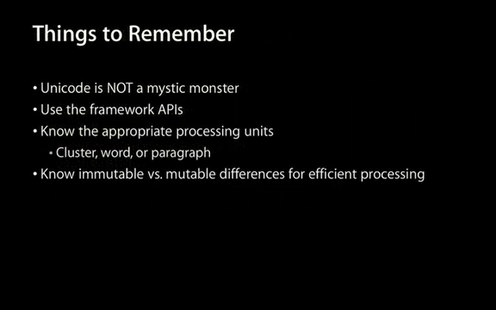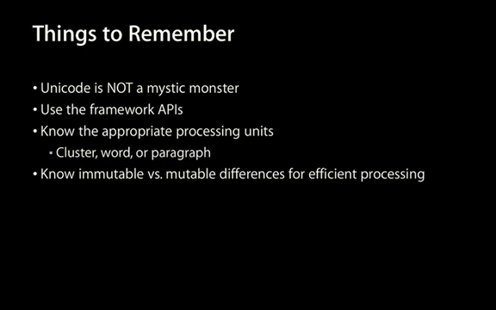Let's review what I told you. Unicode is not a mystic monster. You can tame it. And it is easy to do by following simple rules. You can use the framework API.